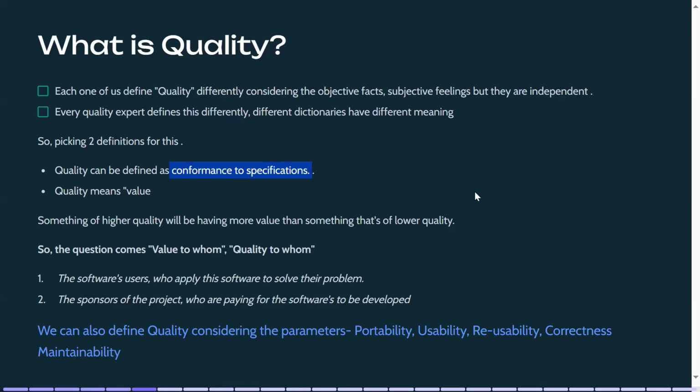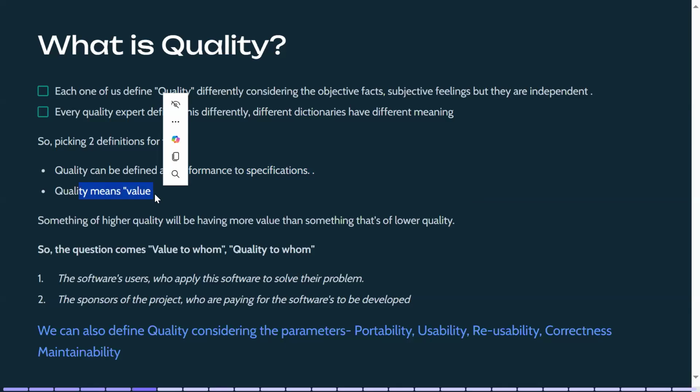So here basically quality refers to the degree to which a product or service or process meets or exceeds the expectations and requirements of customers or stakeholders or other relevant parties. Okay. It is just measuring the value. It is measuring the value that we call quality.